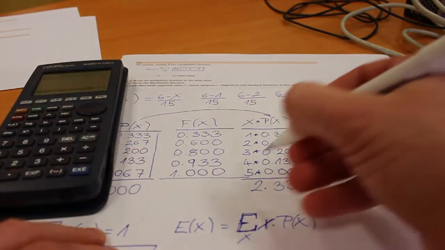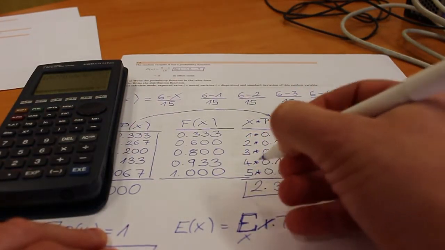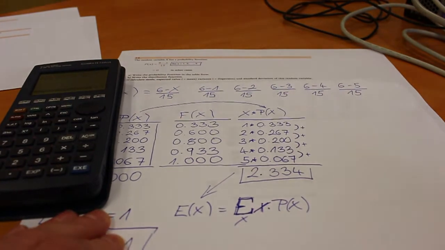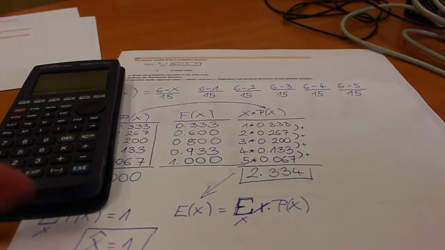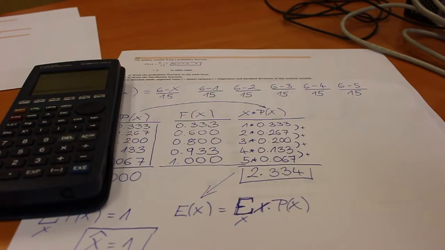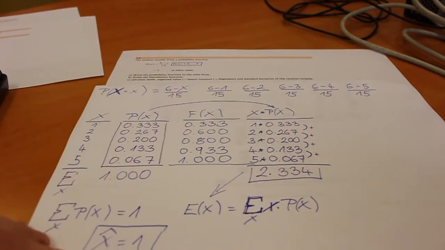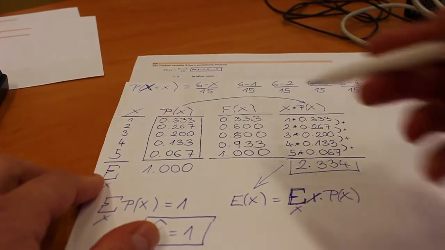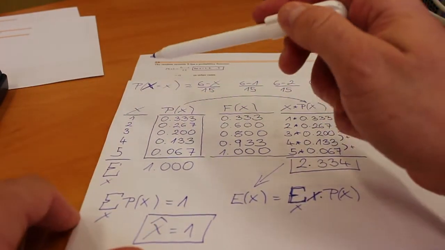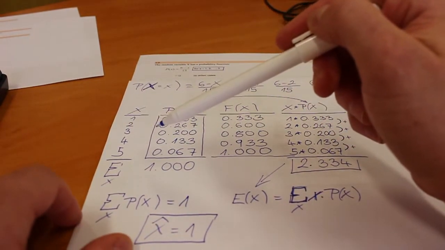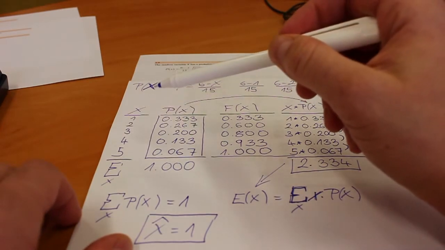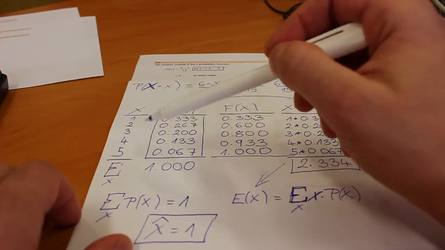2.334. Yes, so this is the expected value of the random variable x. You can imagine, for example, that the random variable x, from 1 to 5, is the grade from a midterm test of mathematics, for example, at the secondary school.